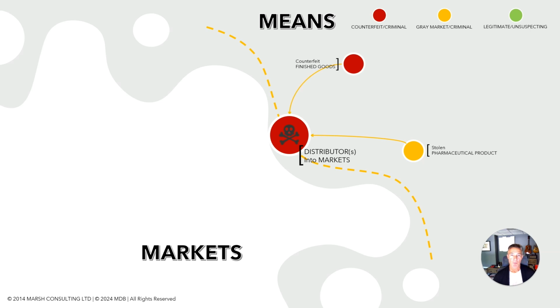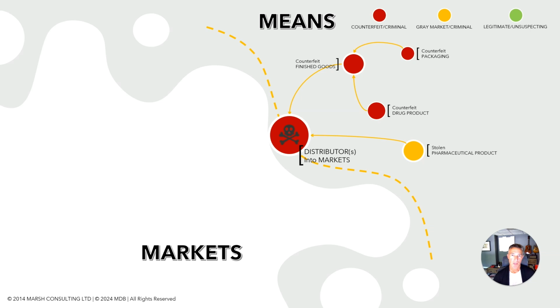So this distributor, they need counterfeit finished goods, right? They need a primary, secondary packaging of the product itself in order to pass on to customers downstream as we move to the patient. That finished goods doesn't just typically get created all in one location. It's made up of components from other actors in the supply chain.